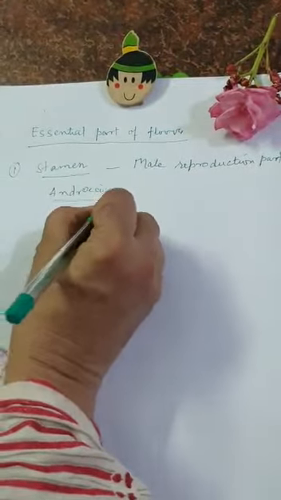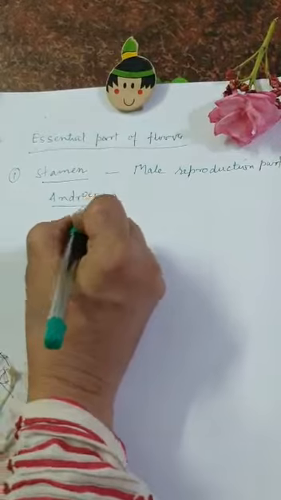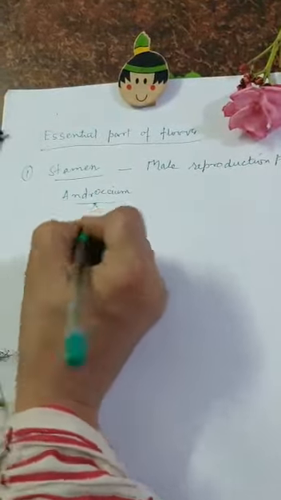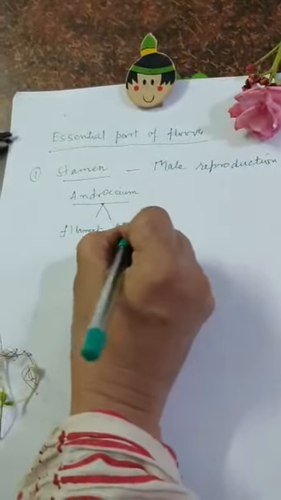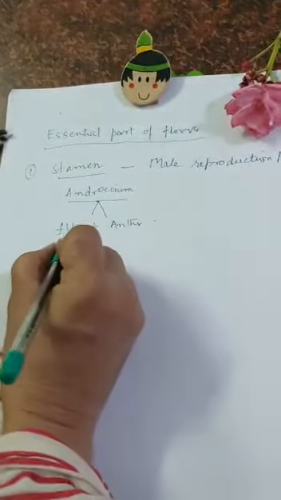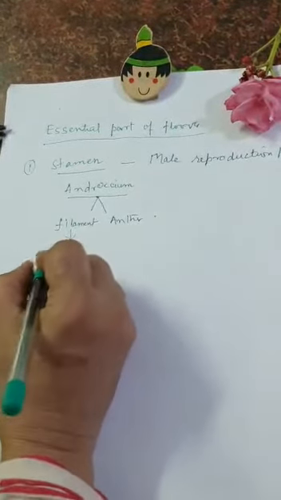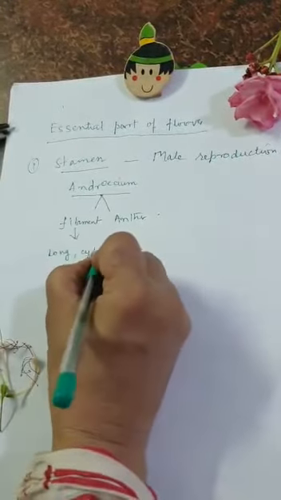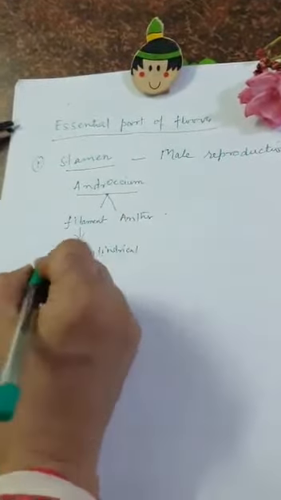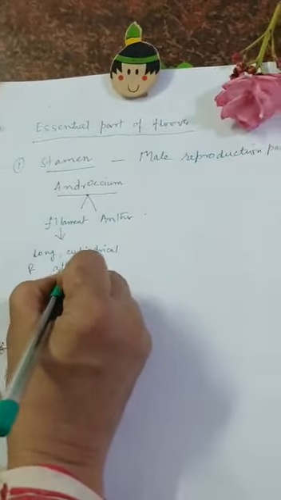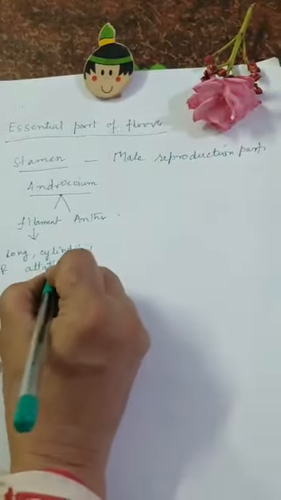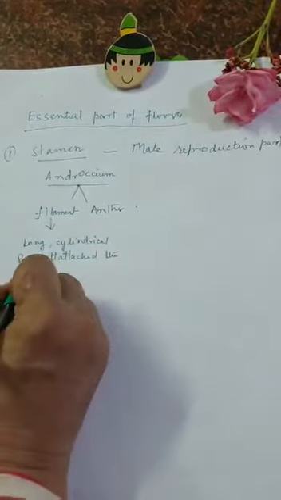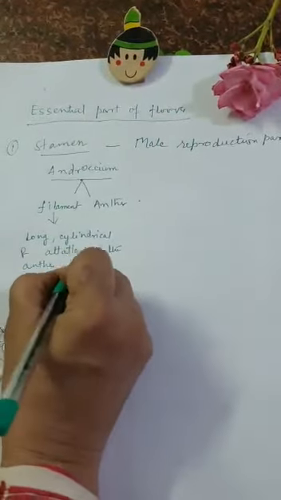And this androecium is structurally divided into two parts. That is, first is filament, and another one is anther. Filament is a part that is long, cylindrical, and attaches the anther to the flower.